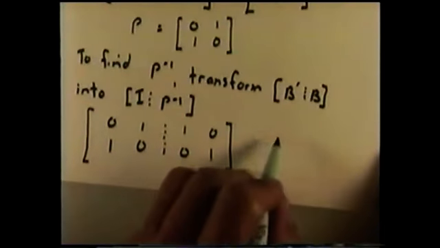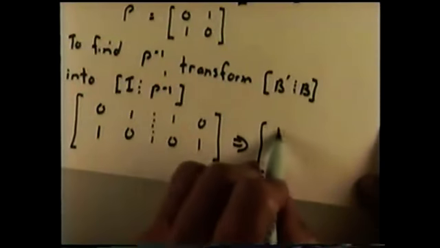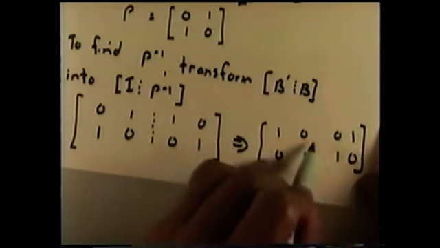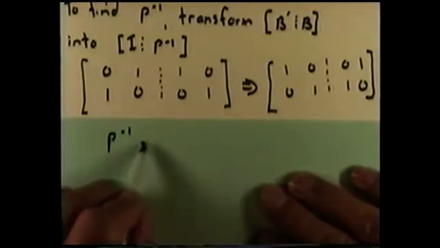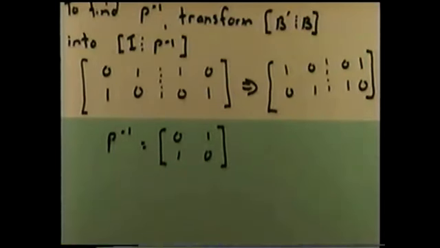So interchange the rows to get 1, 0, 0, 1, 0, 1, 1, 0. So here's I, here is P inverse. So we can see that P inverse is 0, 1, 1, 0, which in this example was the same as P.